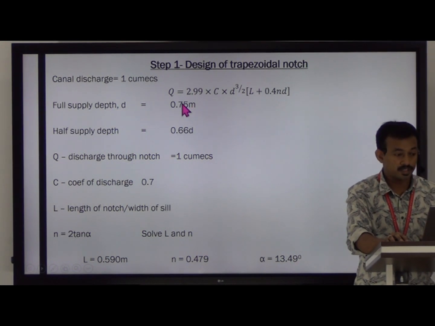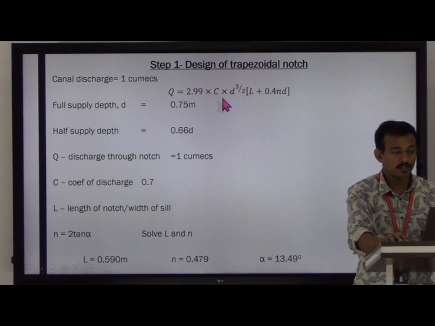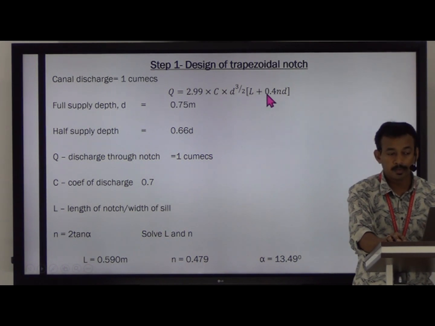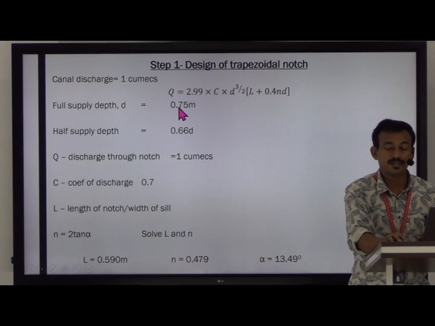For full supply condition we can take the full discharge, that is 1 cumec equal to 2.99 into C value you know, that is 0.7, and D is for case 1 the full supply depth 0.75, and in bracket L value you don't know, so that is a variable, plus 0.4 into N. N value also is unknown to you, into D, where D is the full supply depth.